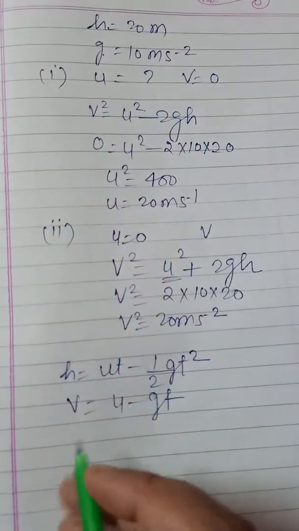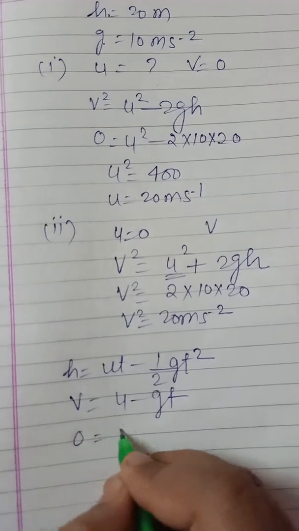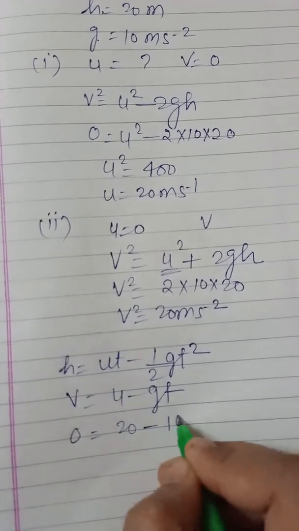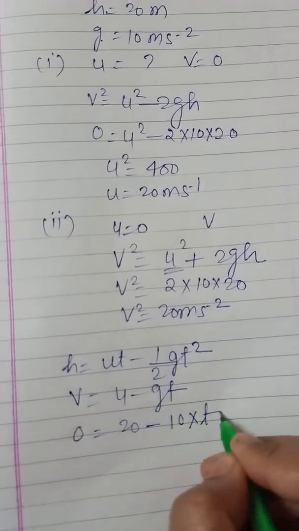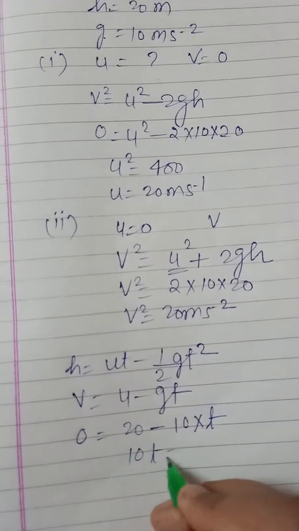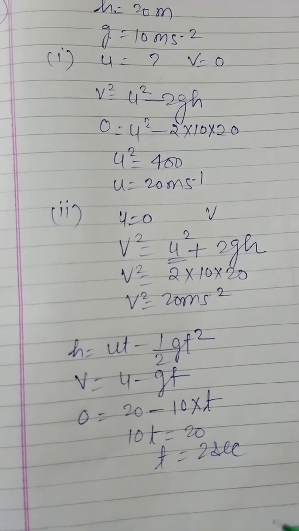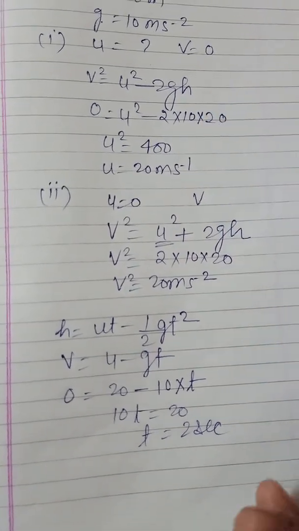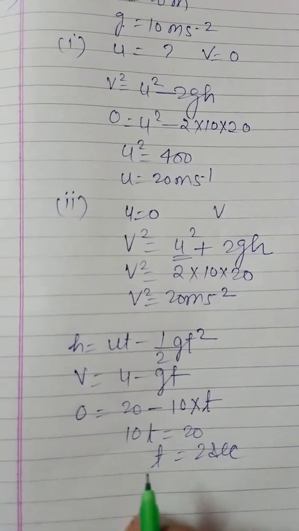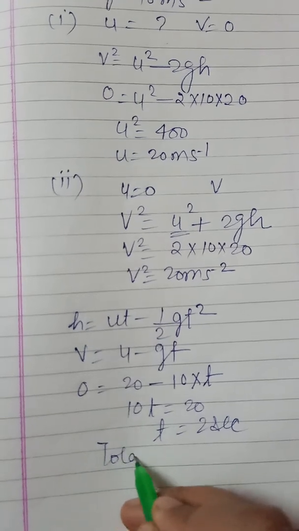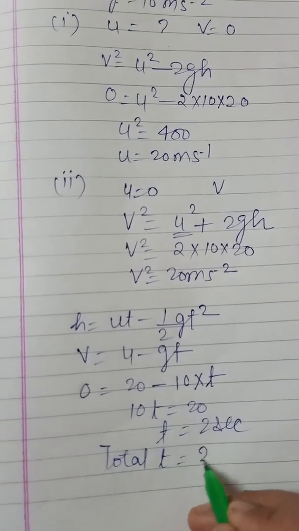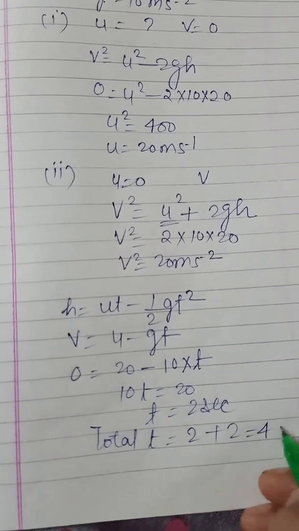In the first condition, v is 0, u is 20, g is 10, and time we have to get. So 10t is equal to 20, so t is equal to 2 seconds. It will take 2 seconds to reach the top, and again 2 seconds to return to the ground. So the total time is 2 plus 2, that is 4 seconds.